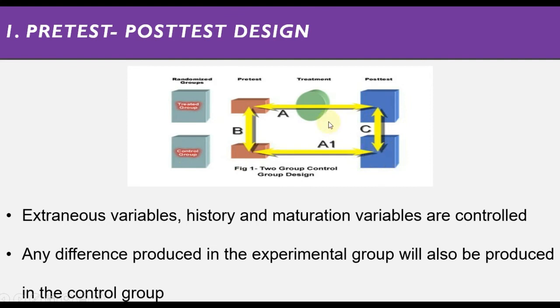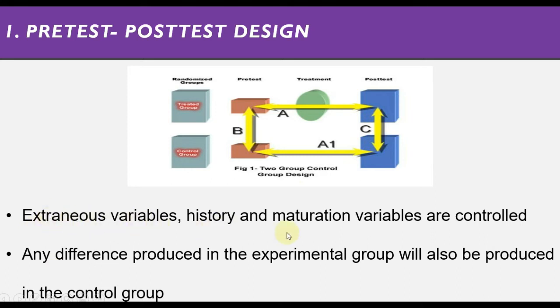Or meaning, kahit na wala kang treatment, pwedeng mabago yung pre-test at saka post-test ni control group. Okay? So, bakit maganda gamitin sa pre-test and post-test? Maganda to gamitin kasi meron tayong control group at nako-compare mo kung may pagbabago ba or may effect ba ang intervention mo or ang treatment mo kasi nako-compare mo yung post-test nilang dalawa. Okay?